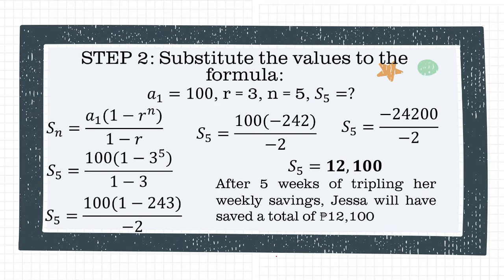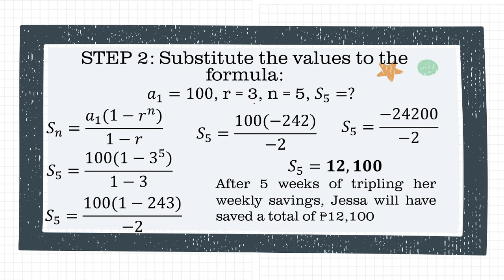Now, let's substitute in the given formula. S of n is equal to a of 1 times 1 minus r raised to n, divided by 1 minus r. What is our a of 1? That is 100. Copy 1, copy the minus sign, and then r is 3, raised to n, which is 5, divided by 1 minus 3.